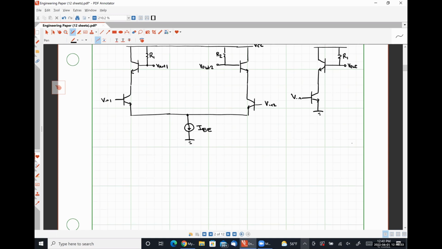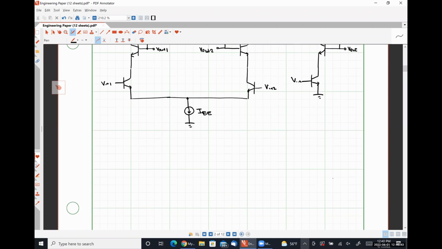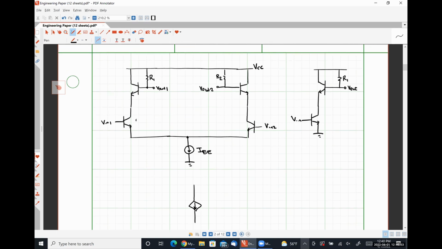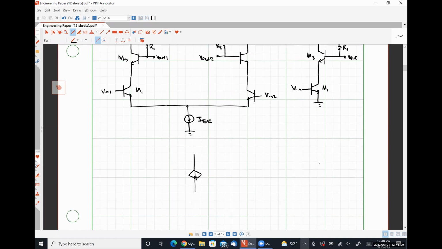The first thing we're going to do is calculate our short circuit transconductance by using the small signal model of this guy. So I'm going to start by drawing our small signal model. Let's call this guy M1 and this guy M3 so that I can be consistent. So let's say this is gm3 VBE3.